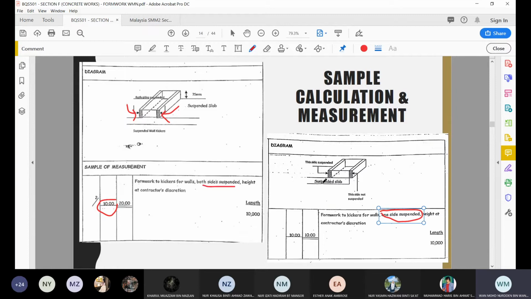Because only this side is suspended, meaning only this side will be supported with the formwork, or kickers. This area has something else, so this area is not suspended. So there's only one dimension, no times 2, because only one side is being suspended, or supported with formwork, for the kickers.